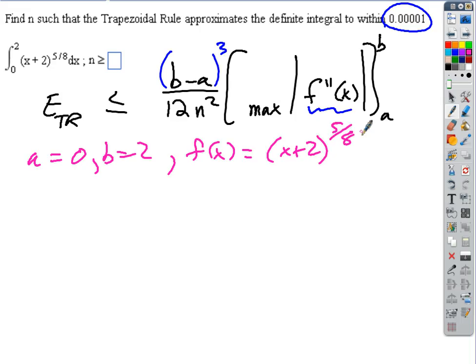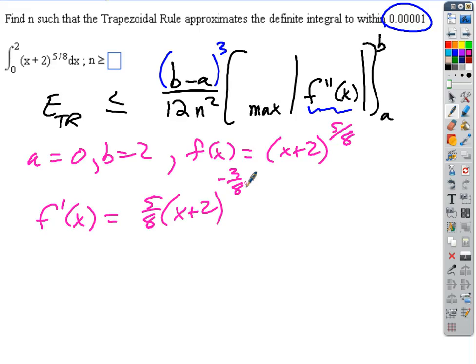So we need a second derivative of that, right? So what's the derivative? What's f prime? How do I differentiate that? It's 5/8 times x plus 2 to the negative 3/8. Good. And then times the derivative of x plus 2, but what's that? 1.